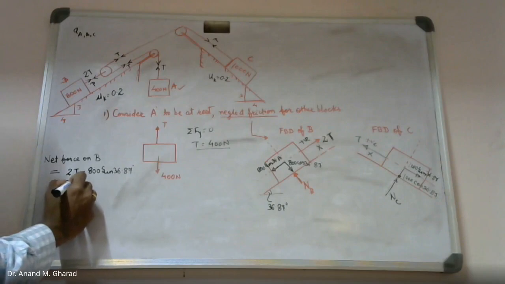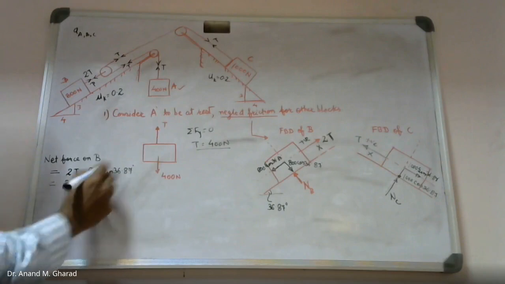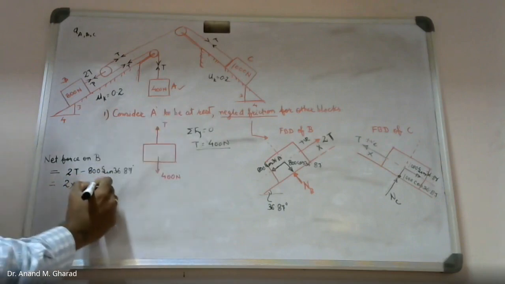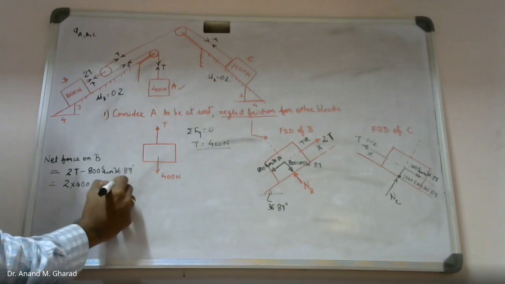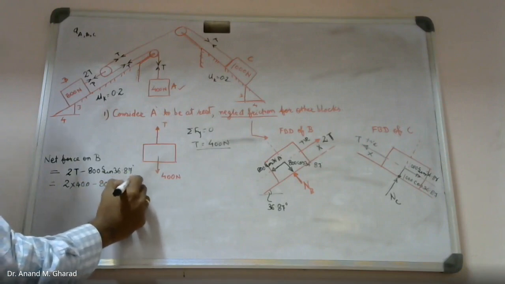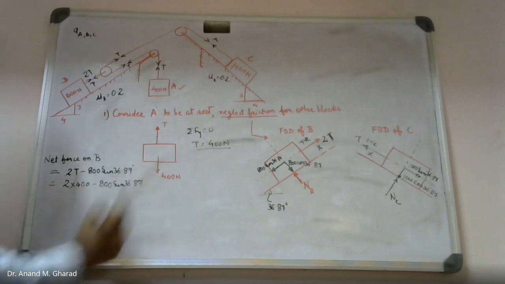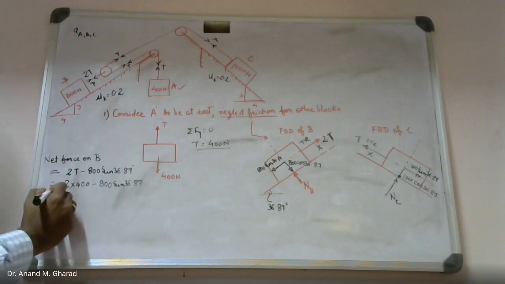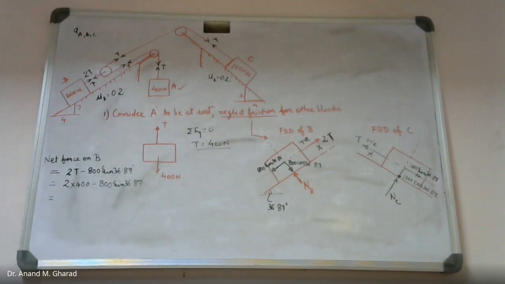So you substitute the value. T we have found out to be 400. Okay? 800 sine 36.87. How much value do you get?